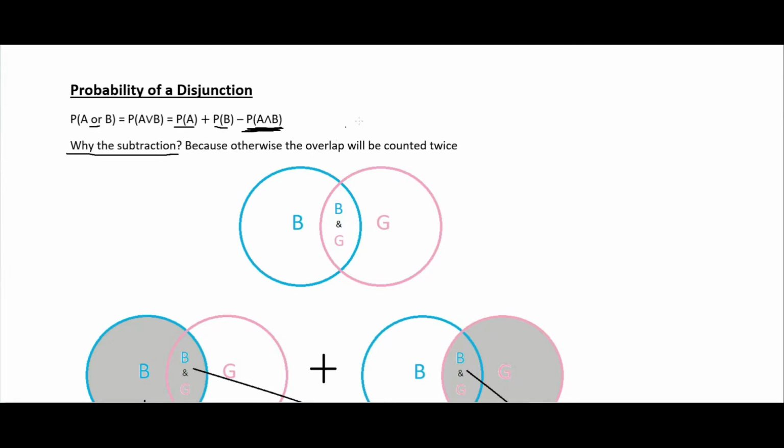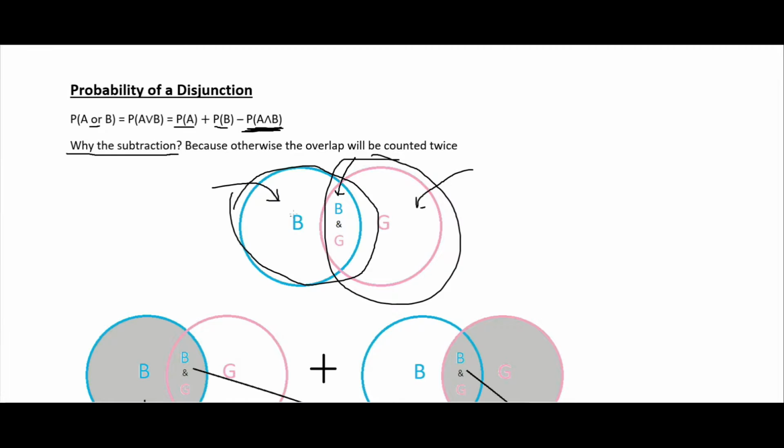Here the inclusive or uses boy and girl. We have boy or girl, and then we have boy and girl. The inclusive or contains this boy and girl, but we don't want to count that twice because we're counting boys and then we are counting girls, so it is actually getting counted twice.